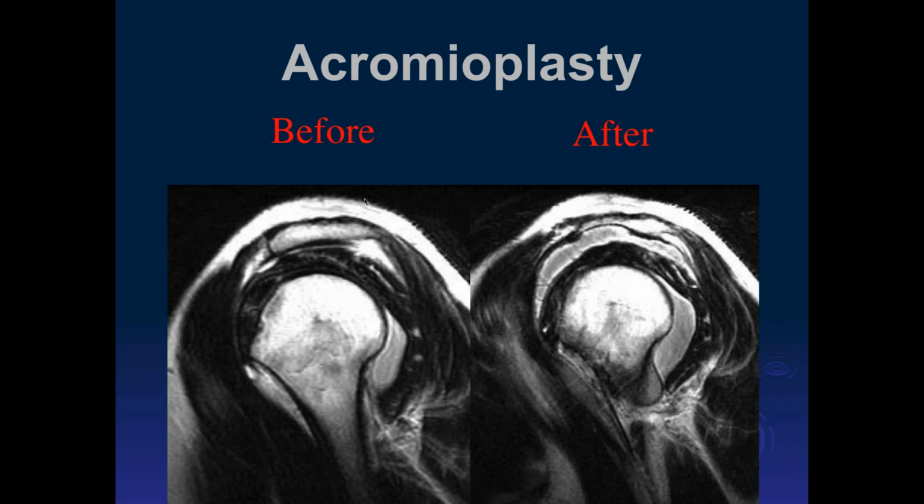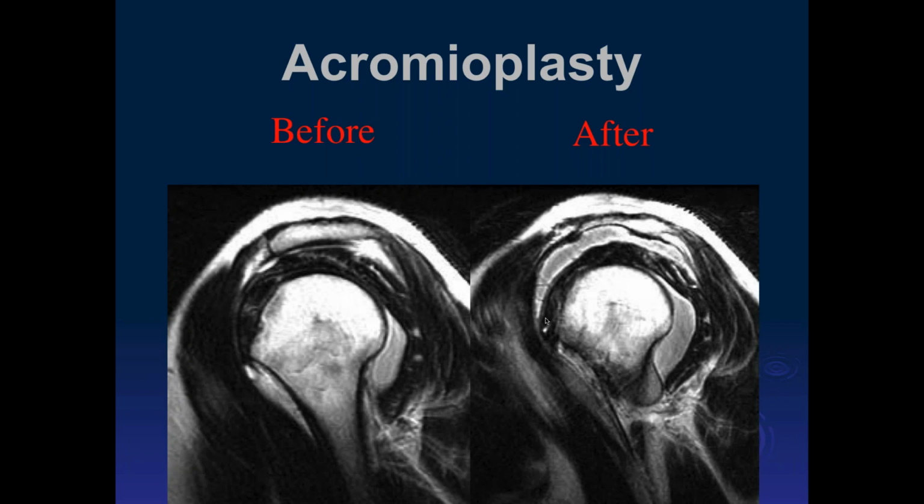So here's one example. This was before and this is after acromioplasty. And in this location here, the ligament still is grossly attached. In this particular case, by MR, we did not call increased risk for acromial impingement, but because of the patient's symptoms, they did an acromioplasty anyway.